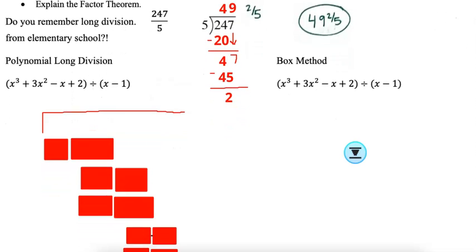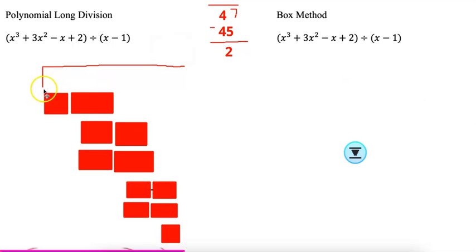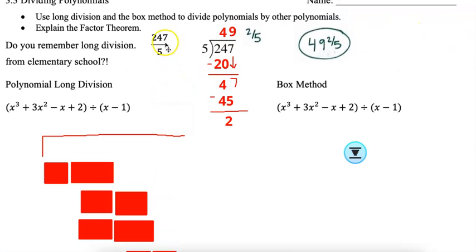My first step, I'm going to draw my division box, and what is in the denominator is going to go outside. So I'm dividing by x minus 1, so that's going to go on your outside. Your numerator is going to go on the inside, which is this lovely cubic polynomial.